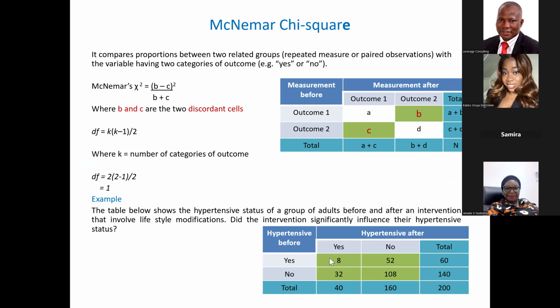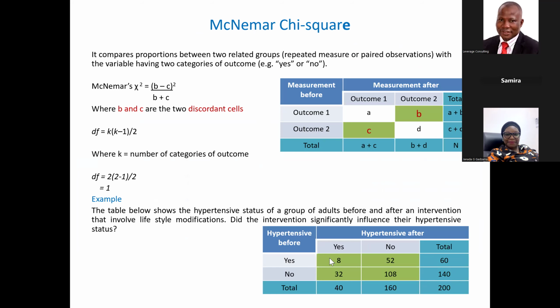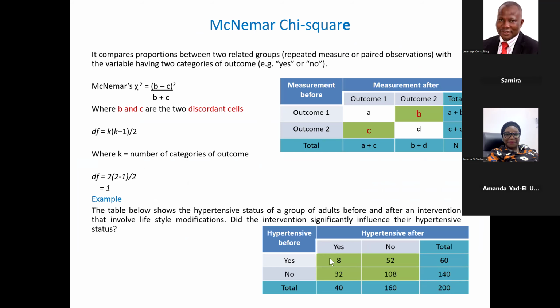What we mean by concordance is here. Look at this table we used for McNemar. When we say hypertensive, look at the one below. Hypertensive before, yes or no, along the row. Along the column, hypertensive after, yes or no.